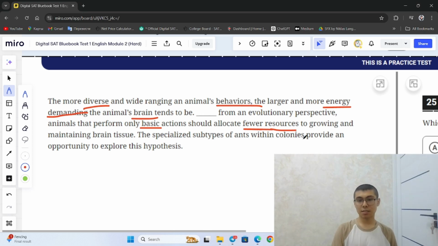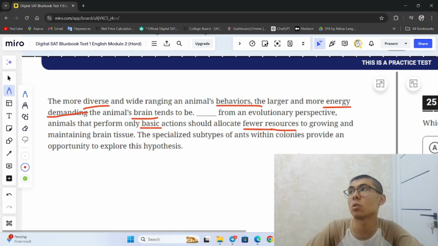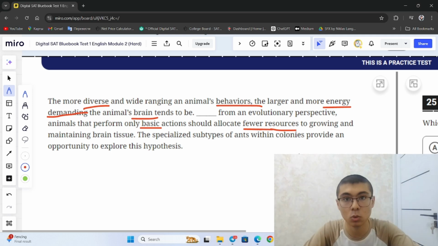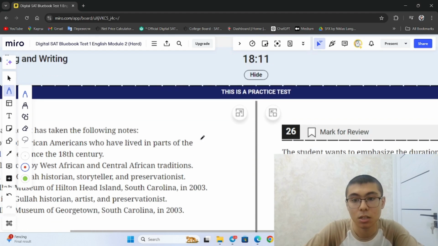The specialized subtypes of ants provide an opportunity to explore these hypotheses. So it's kind of a cause and effect relationship here because it's saying a claim and then from this we can conclude this, right? It's a cause and effect. So I'm looking for a word like hence or therefore or thus. Thus is the exact word that I was looking for.